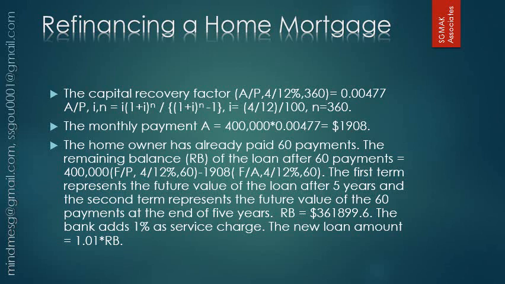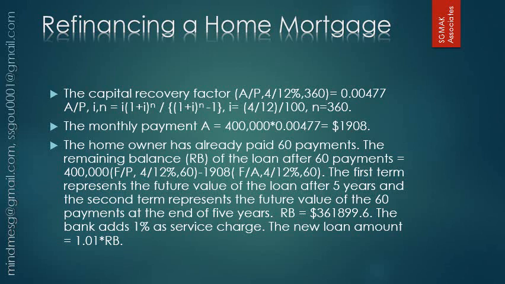Once you evaluate that expression, we get the remaining balance of the loan at the end of 5 years. And that comes out to be $361,899.60. So you can see that even after paying for 5 years, the homeowner has only repaid about $38,000 towards the principal, and the remaining amount has all gone towards paying the interest.